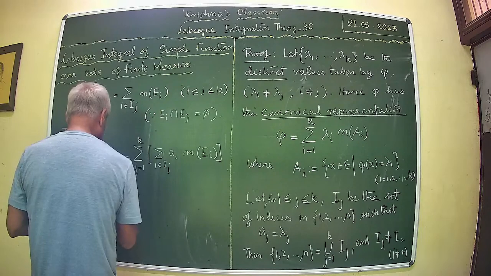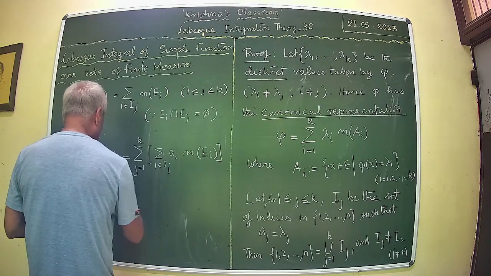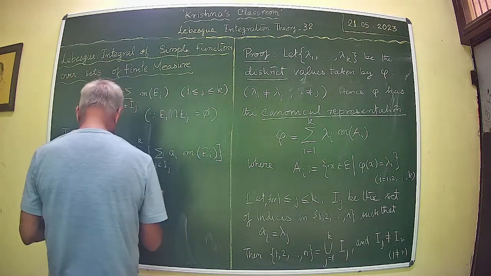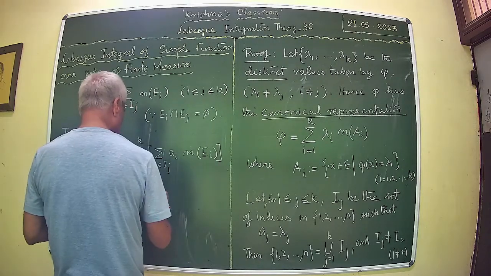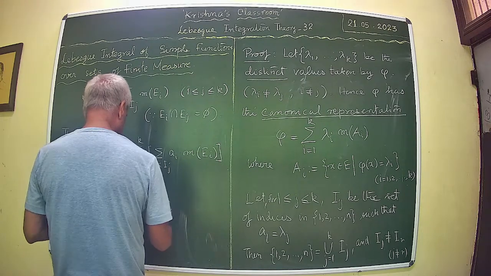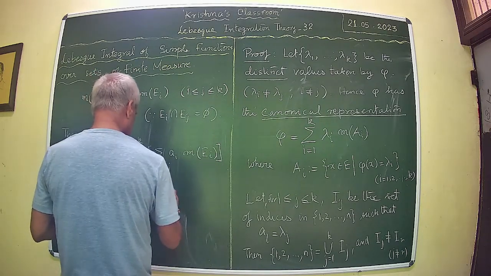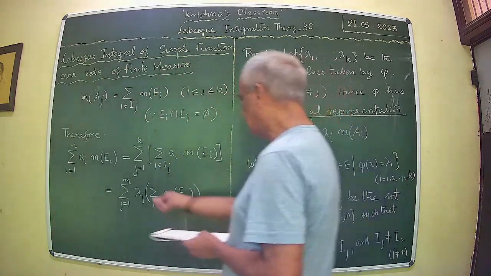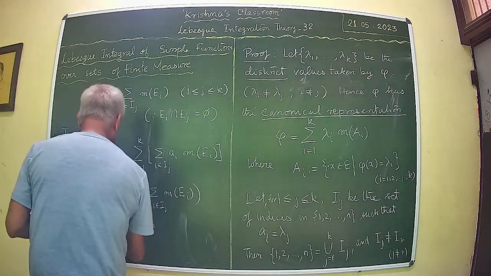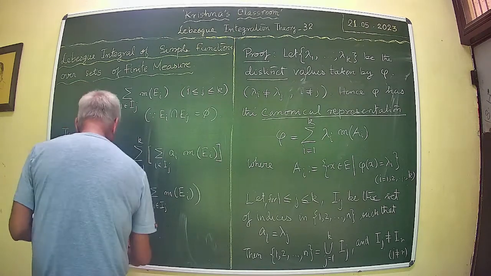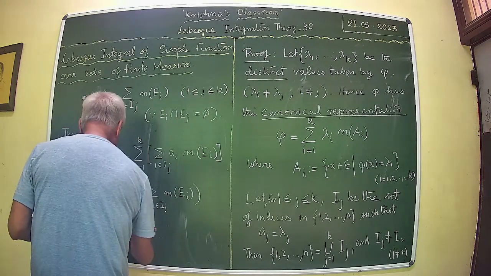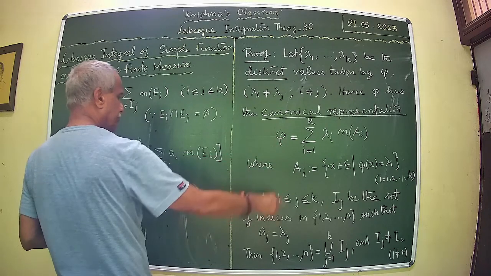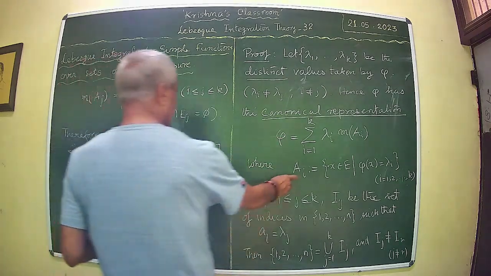So this is equal to sigma j equal to 1 to m lambda_j, right, and this is nothing but, by our definition of A_i, this is what you have.